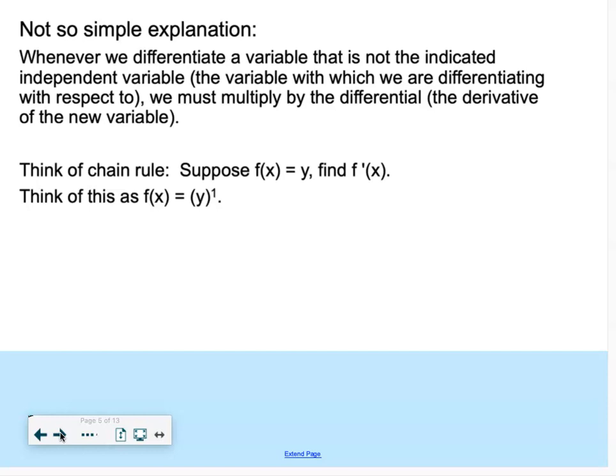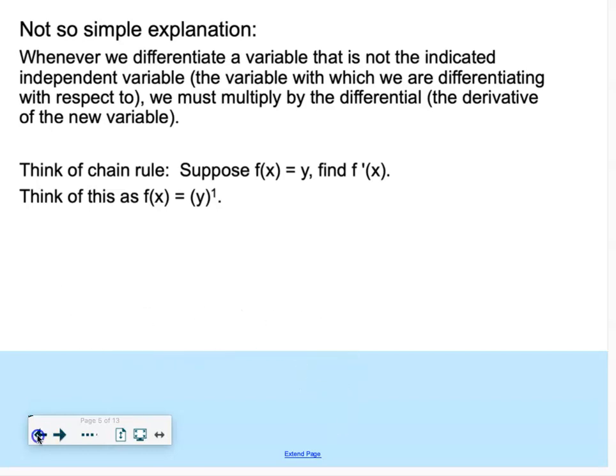Whenever you hit a variable that's not the variable you're differentiating with respect to, you have to multiply your derivative by a differential. What's a differential? Technically, a dy, that's a differential. A dx, that's a differential. We tend to just call dy/dx a differential. It's okay, that's what we call those d's.